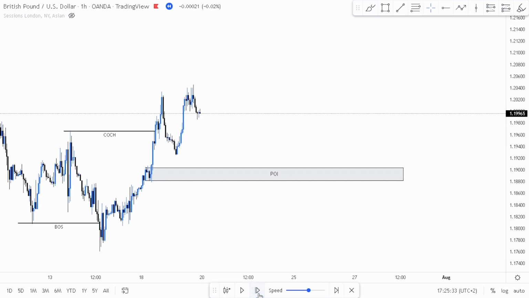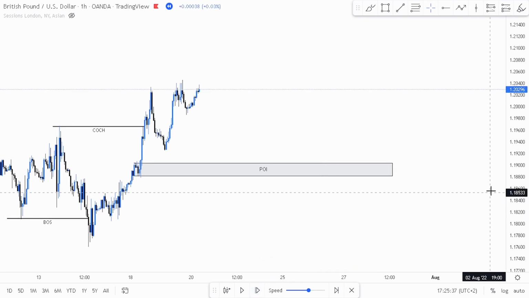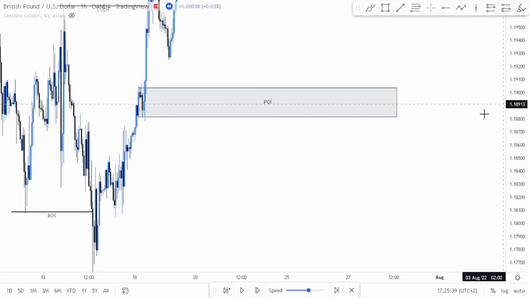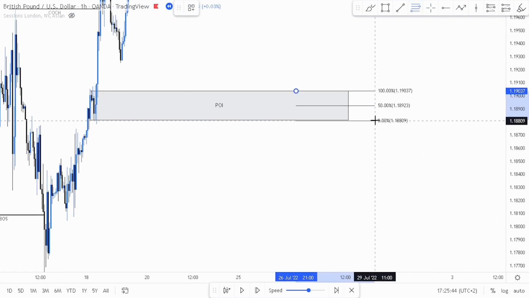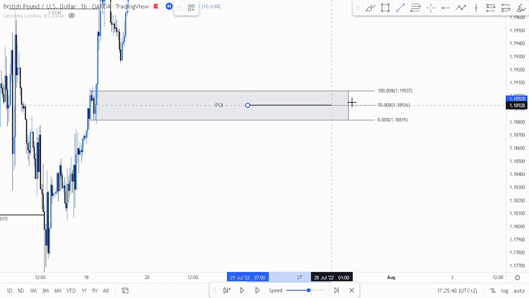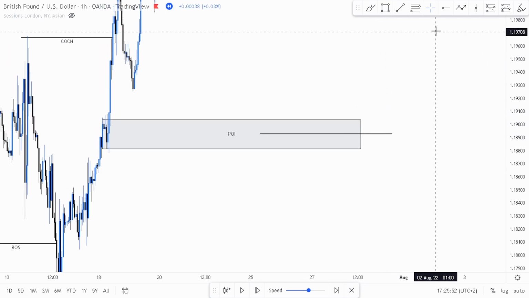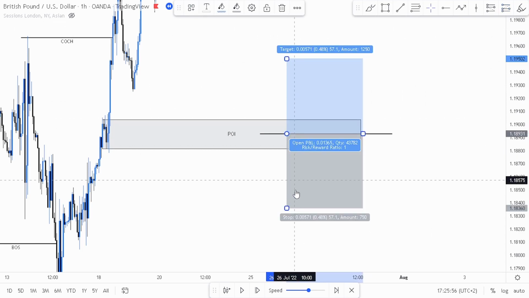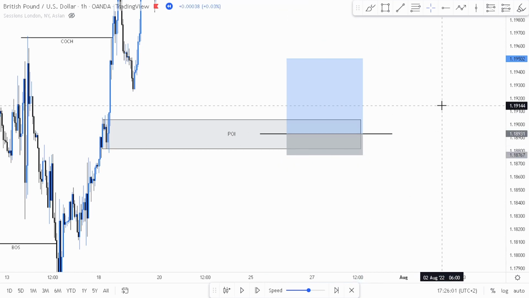Now in the previous video, I did explain how we take entries on a POI. I did say you just want to take your Fibonacci tool and mark out the 50% level of that zone of your POI, and once price taps into the 50%, that is when we would have our entry and our stop loss just slightly below that level.